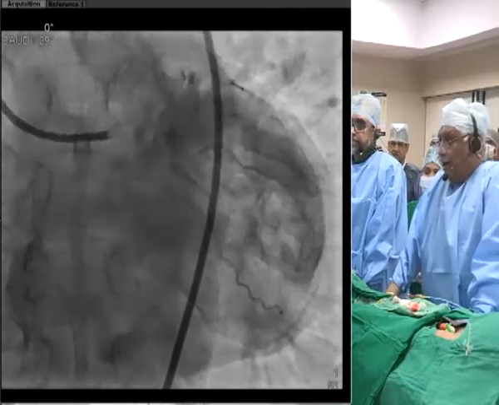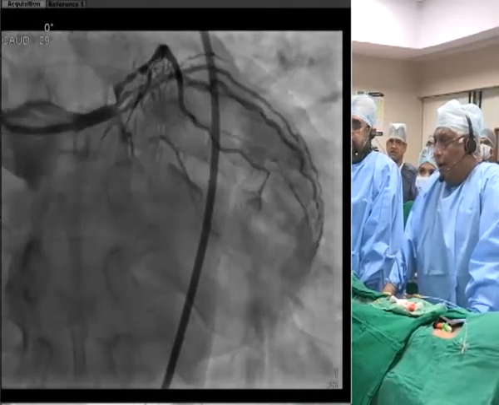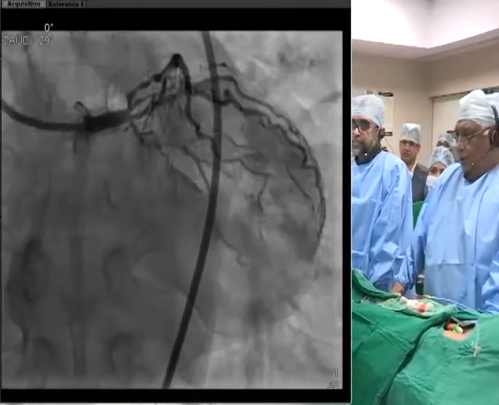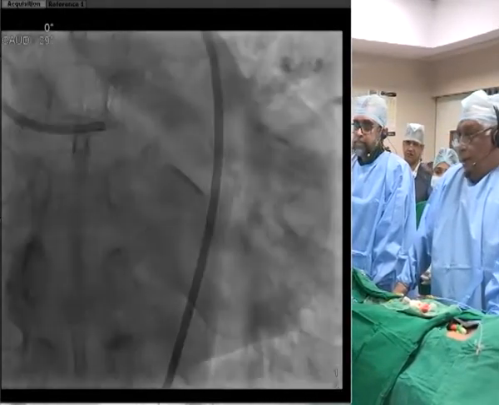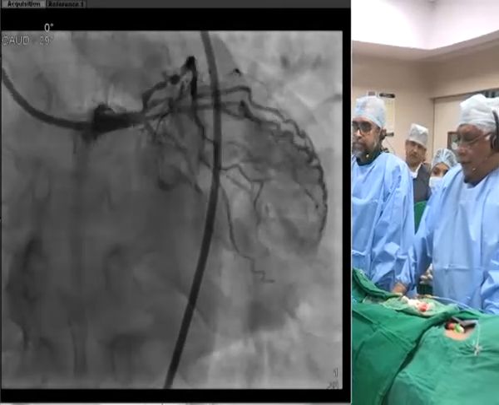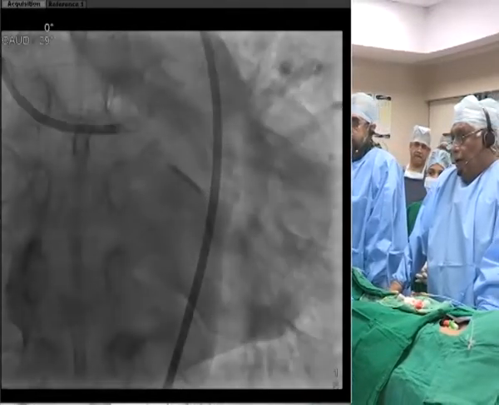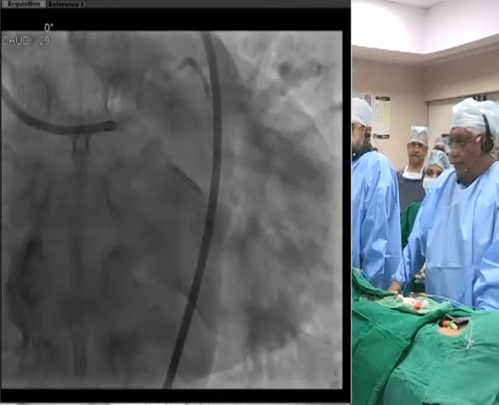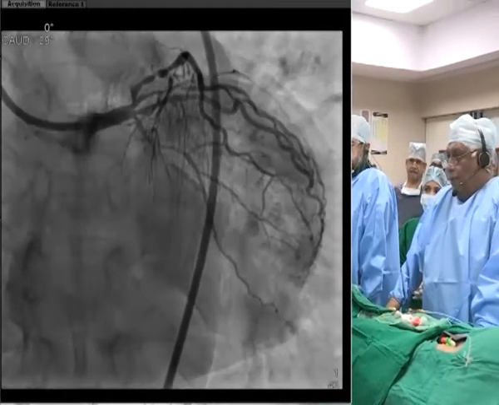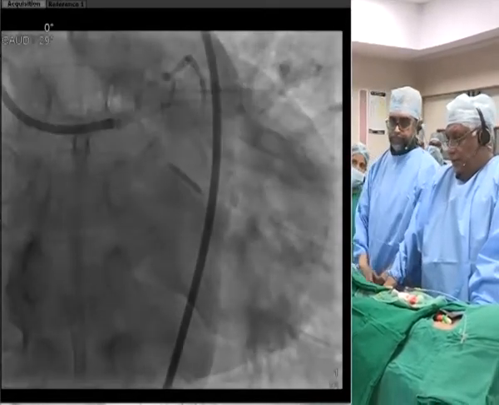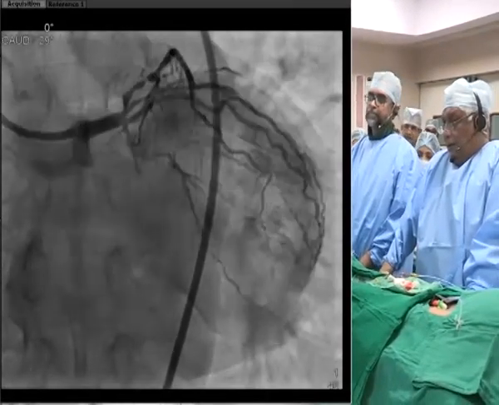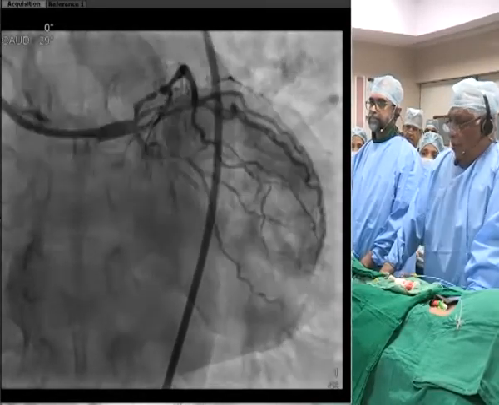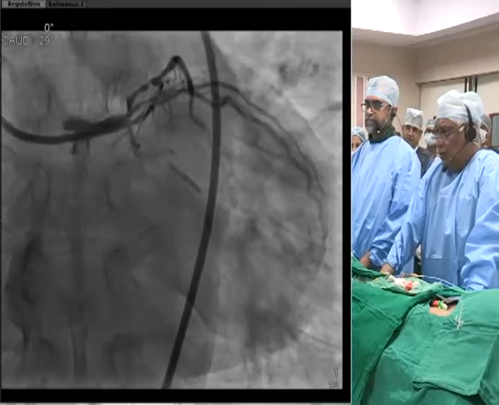Manish, I'm sure you are able to appreciate the left main appears to be normal. It virtually trifurcates into an LAD, early diagonal, ramus intermedius, and a circumflex. Correct. The circumflex is subtotal, filling distally through collaterals.